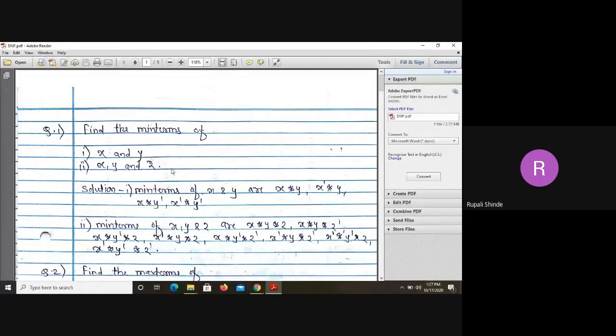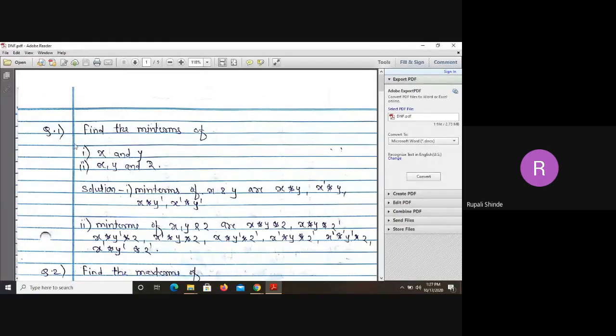What is the meaning of minterm? Any number of terms connected by the star operation is called a minterm. So the star operation is associated with minterm, and minterm is associated with sum of product. You have to remember this.